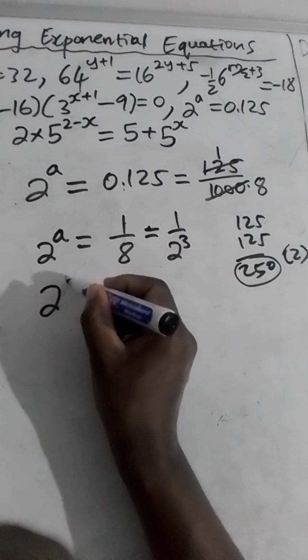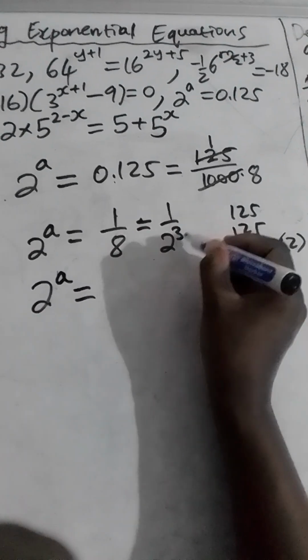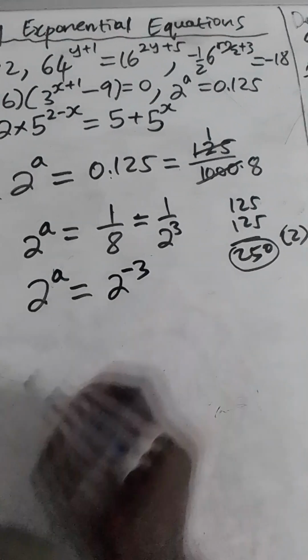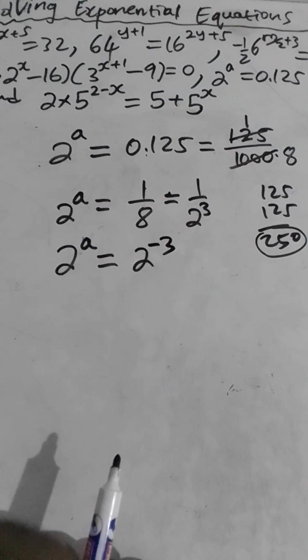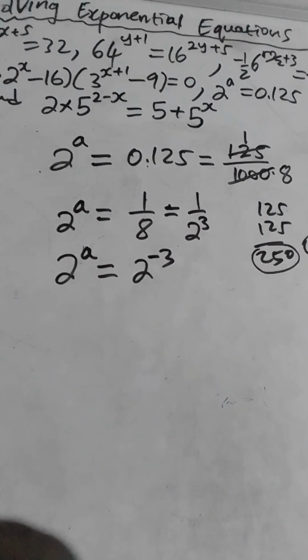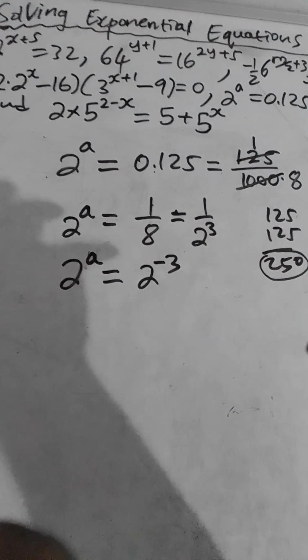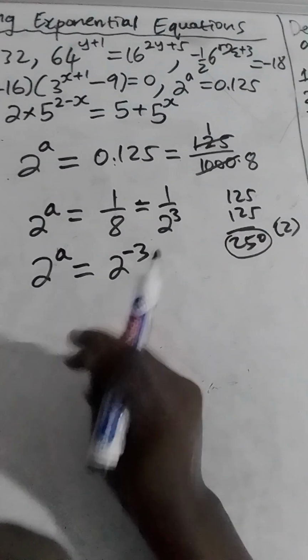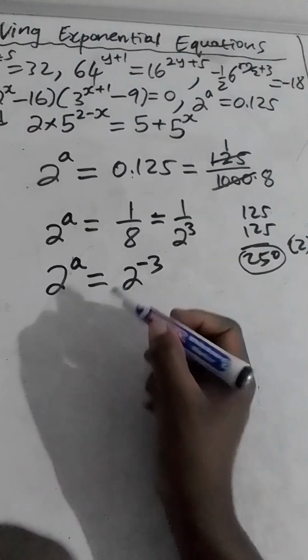Whichever side we change, we must change the sign of the exponent. So we're going to say 2 to the exponent a, and then remove this from the denominator, but change the sign of the exponent. When you change the sign of the exponent, you must remove the number from the denominator or put it in the denominator, depending on where it is before you change it.